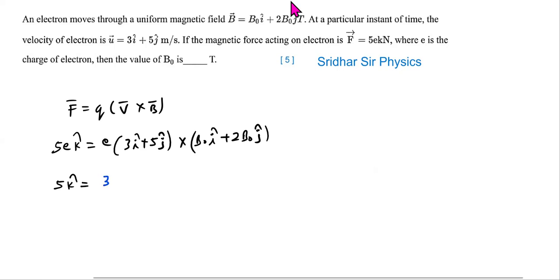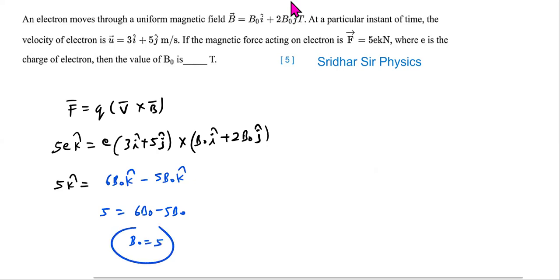So this will become 3 i cross 6 B naught k cap. Then j cross i will be minus k, so minus 5 B naught k cap. B naught equal to 5 Tesla. K cap will get eliminated. So 5 equal to 6 B naught minus 5 B naught. So B naught equal to 5.